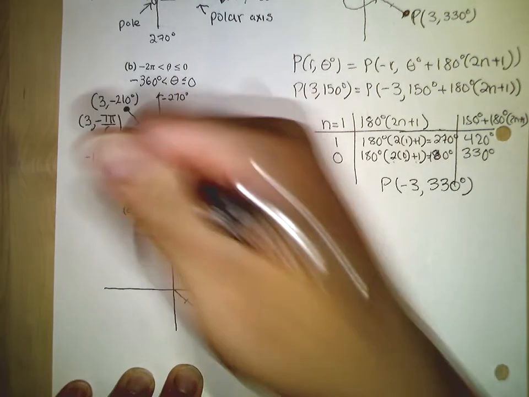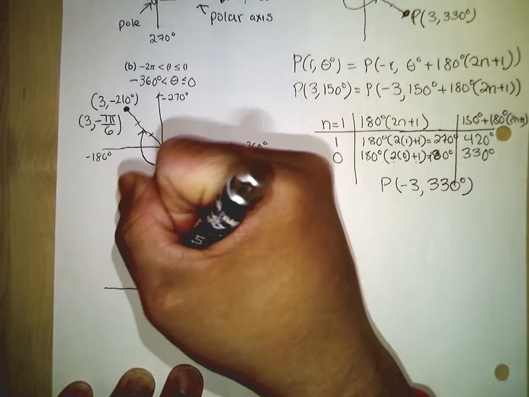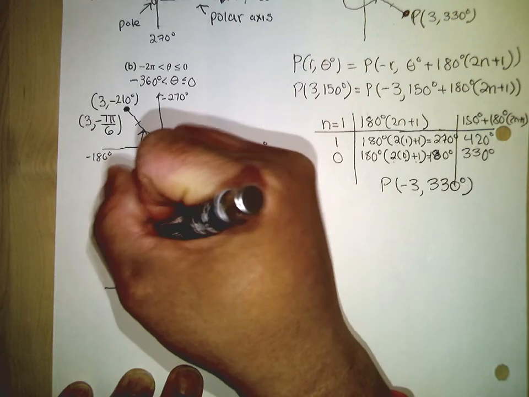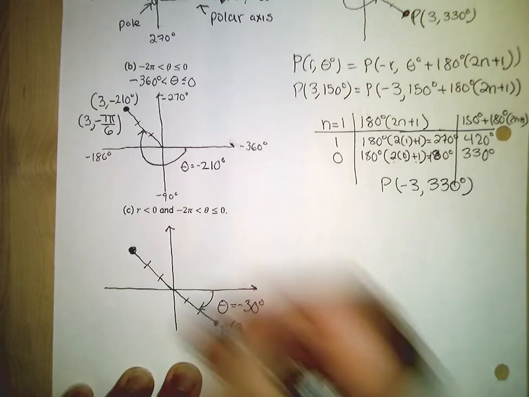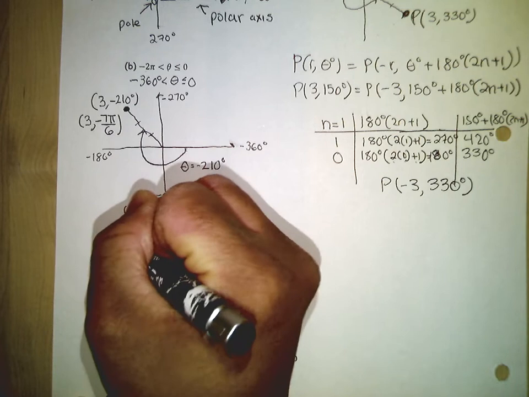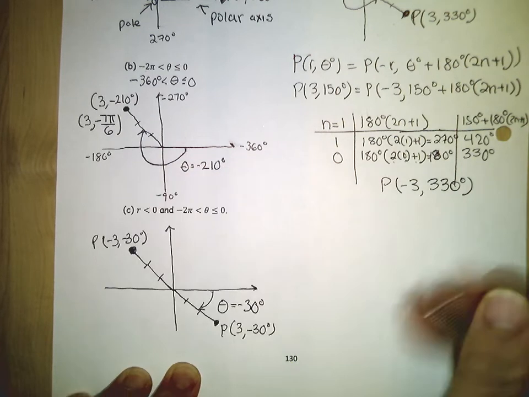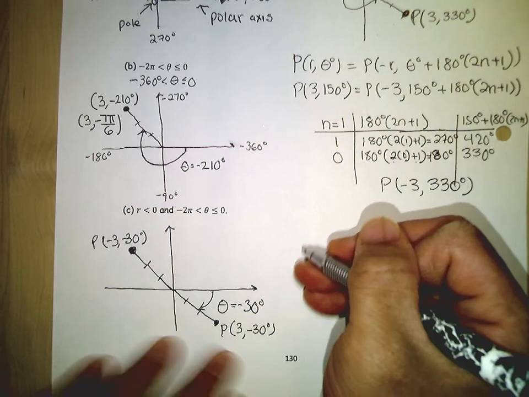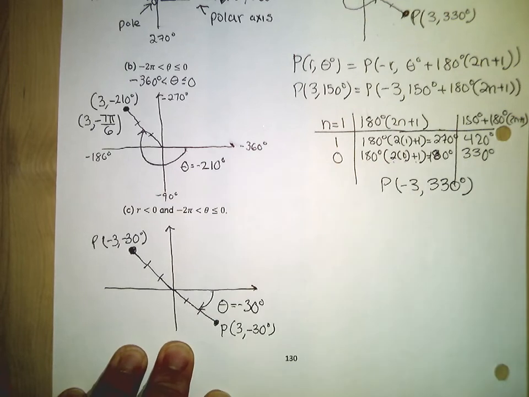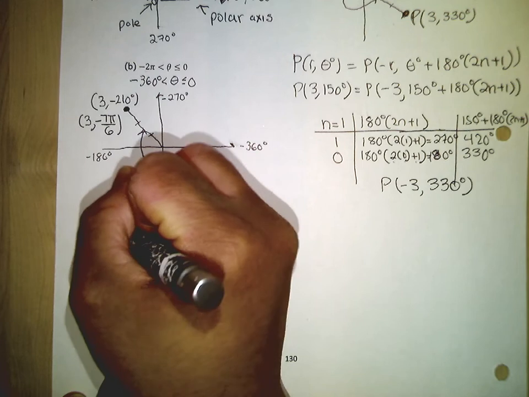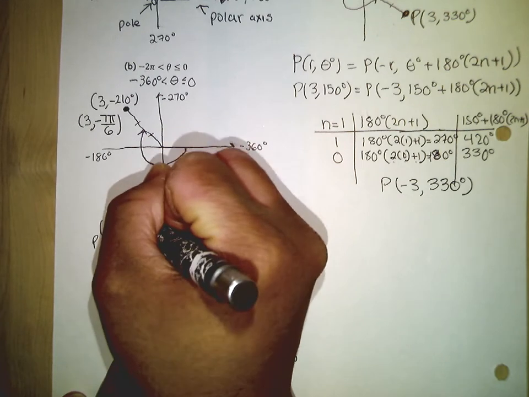But if I want the point to be over here, then the point is now -3, -30 degrees. So in other words, if I write this in radians, it's -3, -pi over 6.